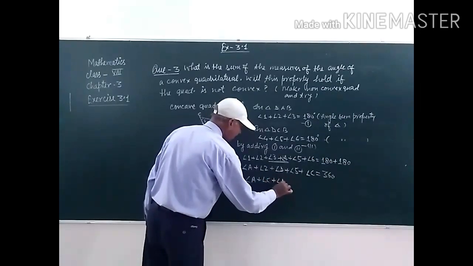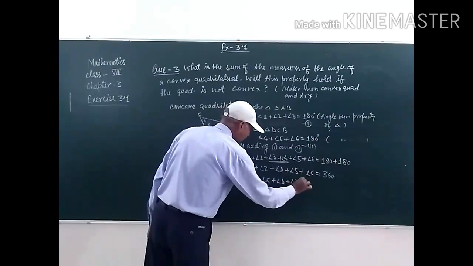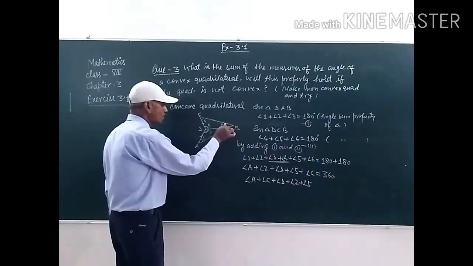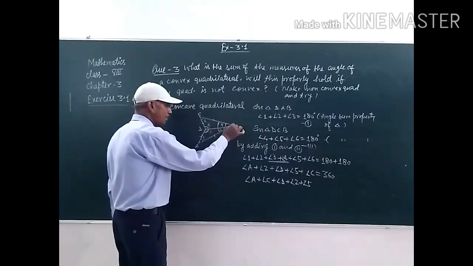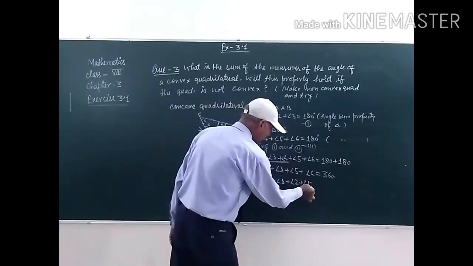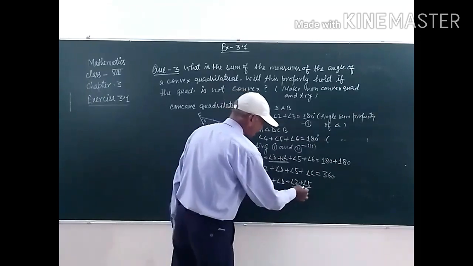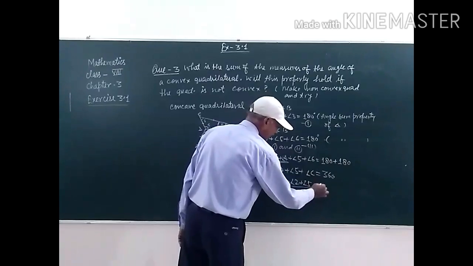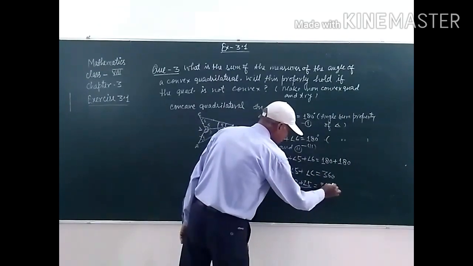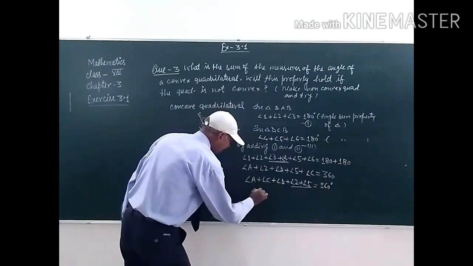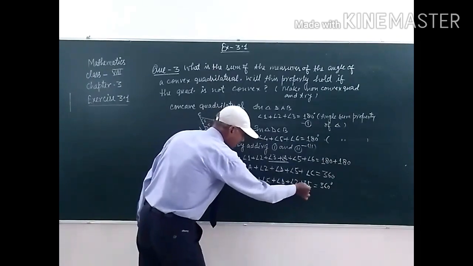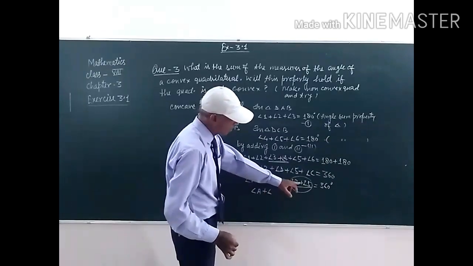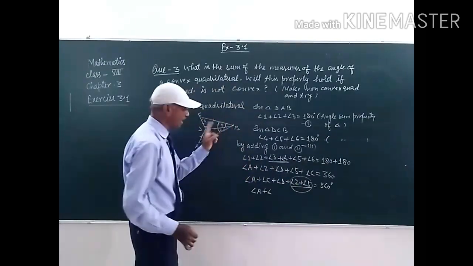Now add these angle 2 plus 5, the total is angle B, student, here. In place of 2 plus 5 we will write angle B, because angle 2 plus angle 5 is angle B, student.